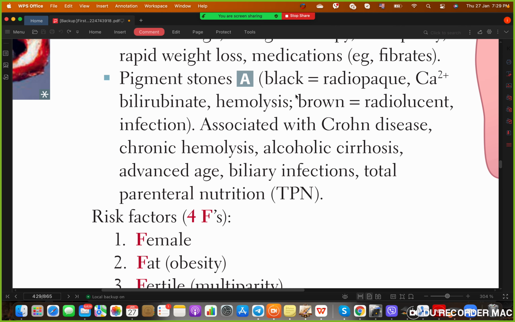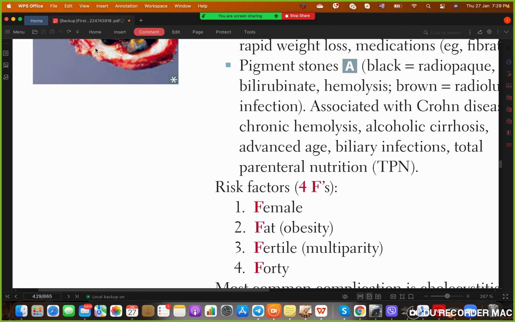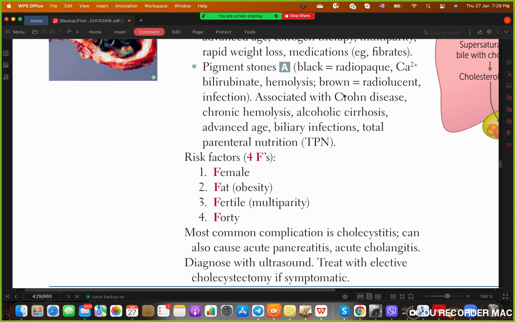Okay, so they write here. Pigmented stones, also known as black stones, like this guy. Can you see it? It's a black stone. So this black stone, it's radiopaque always, which is a good sign actually. So it's calcium bilirubinate related, and most likely it's because of hemolysis. Can you tell me any condition that can lead to hemolysis? I mean chronic hemolysis?